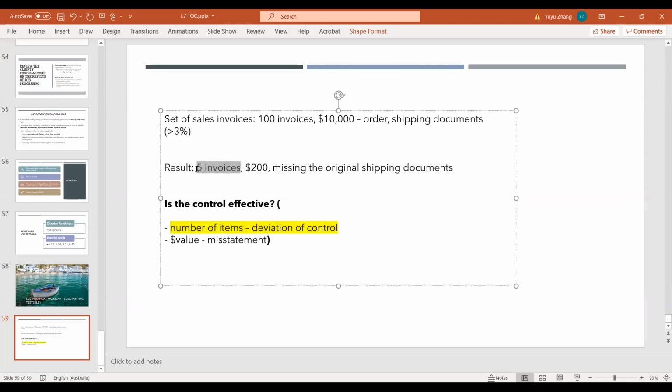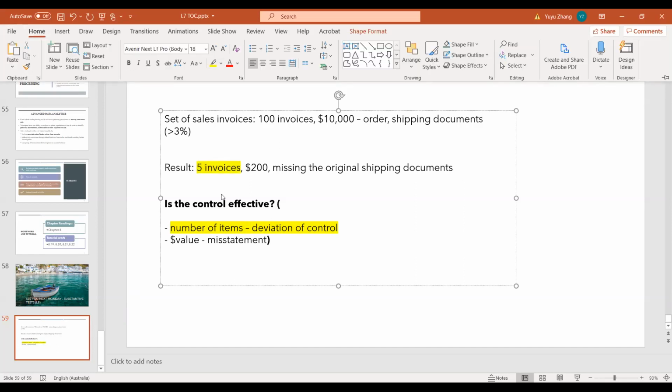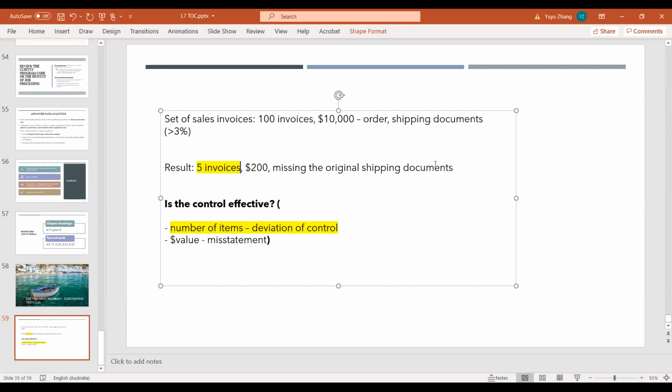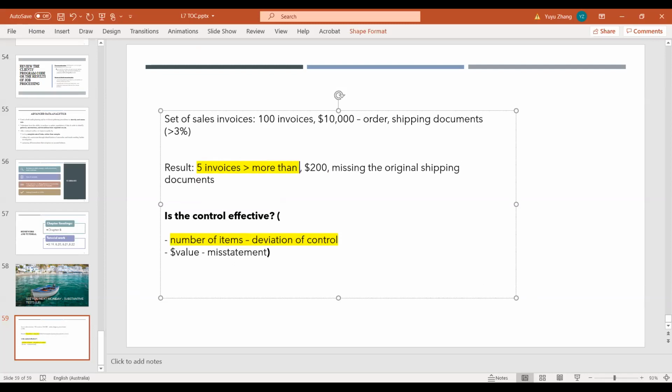You should use the 5 missing documents in relation to the 5 invoices, which has exceeded 3% of deviation. So the control is not effective.